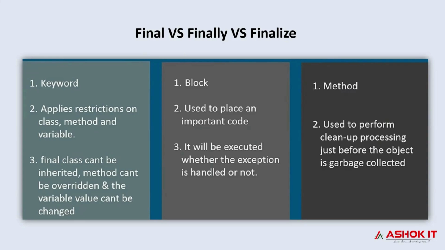And finalize is used to perform cleanup processing just before the object is garbage collected. Coming to final, a final class can't be inherited, a final method cannot be overridden, and a final variable cannot be changed. Coming to finally, it will be executed whether the exception is handled or not. We already saw how it worked.